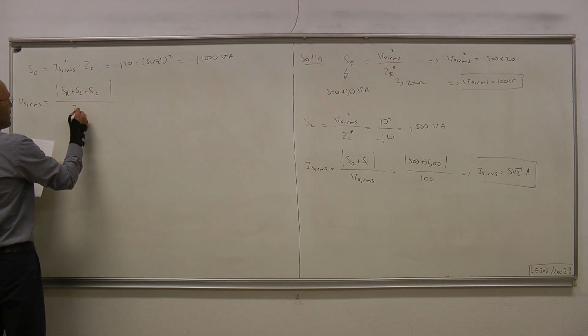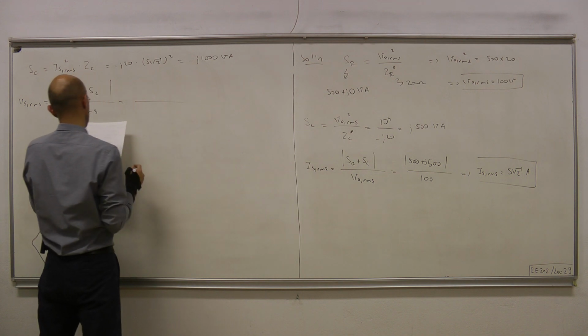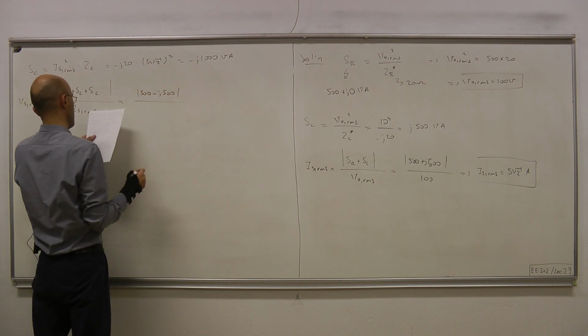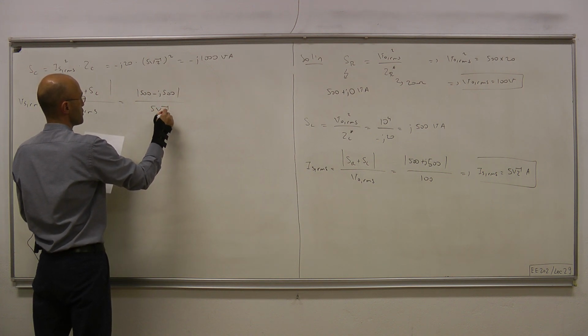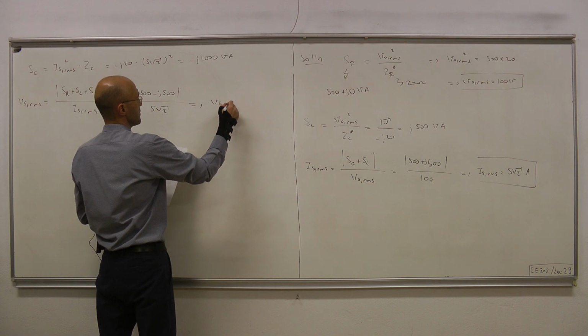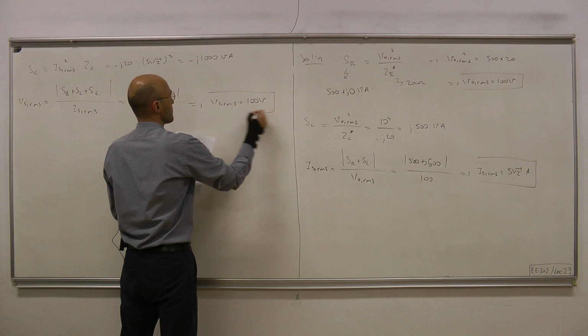Divided by IS RMS, that reads 500 minus J500 magnitude divided by 5 square root of 2, which produces Vs RMS equals 100 volts.